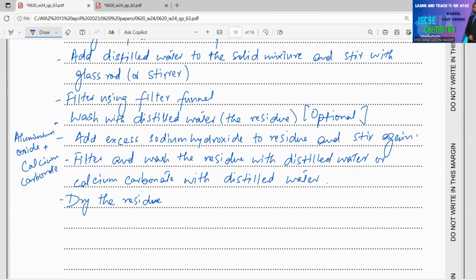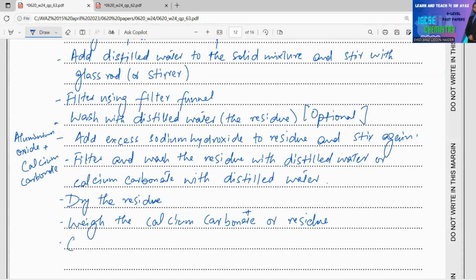Now, we will weigh this calcium carbonate, or you can write residue because it's in the residue.